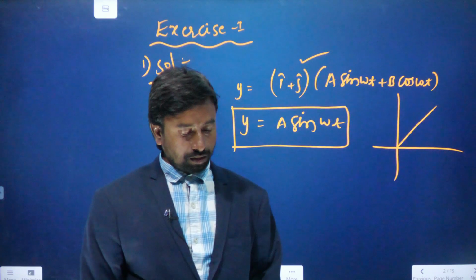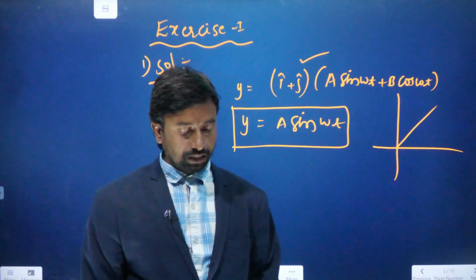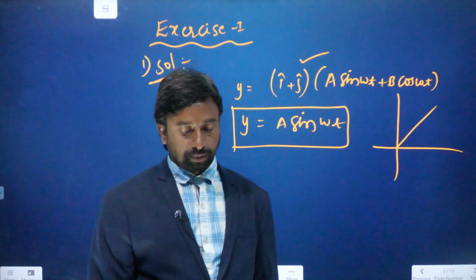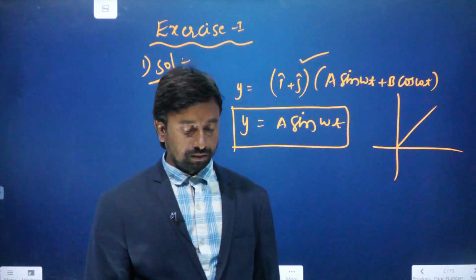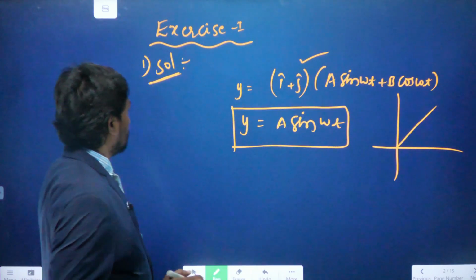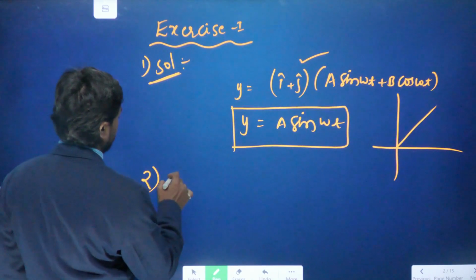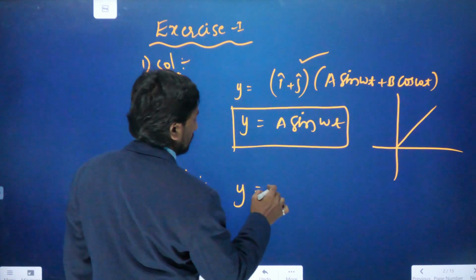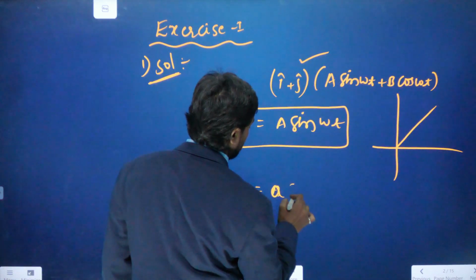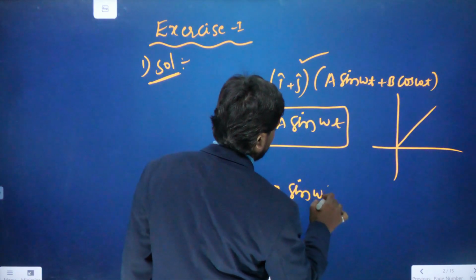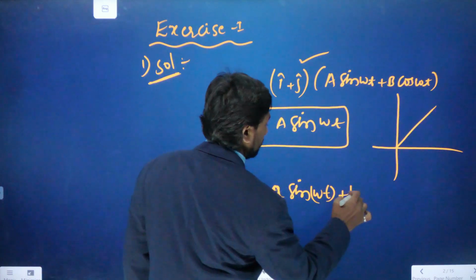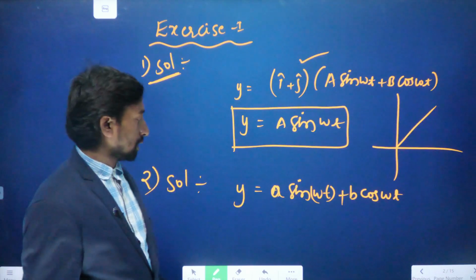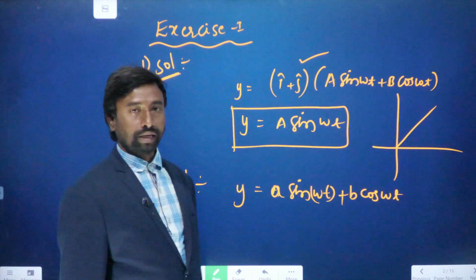So next question: the motion of a particle varies with time according to the relation y is equal to a sin omega t plus b cos omega t. Here the second equation is also given the same as this equation: small a sin omega t plus small b cos omega t. This equation also we can convert into a single sine function.